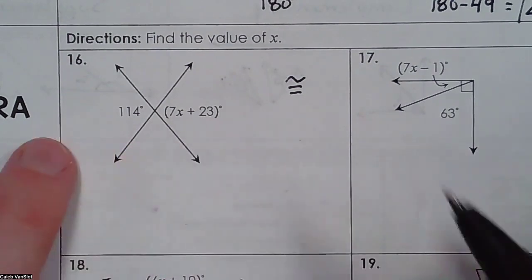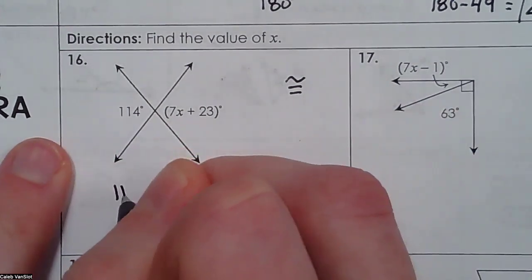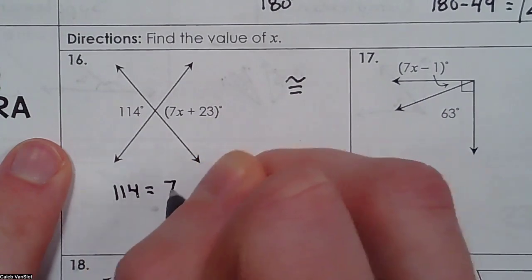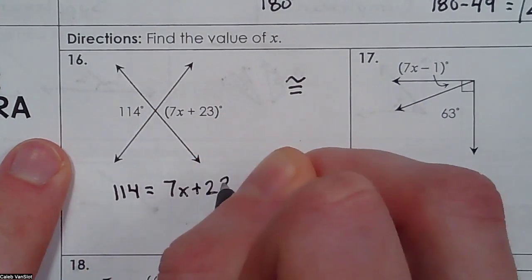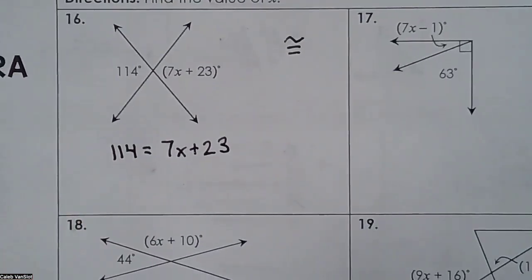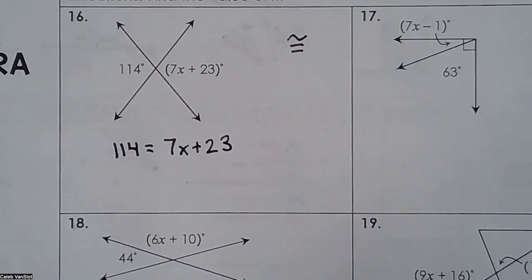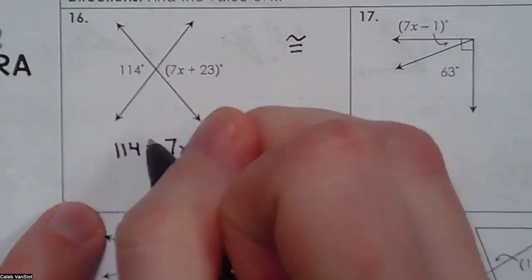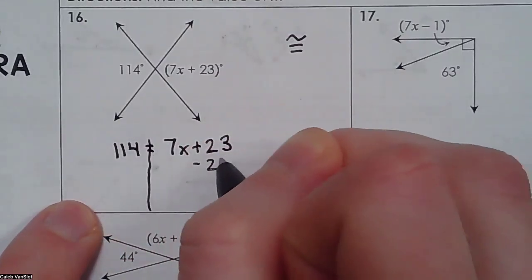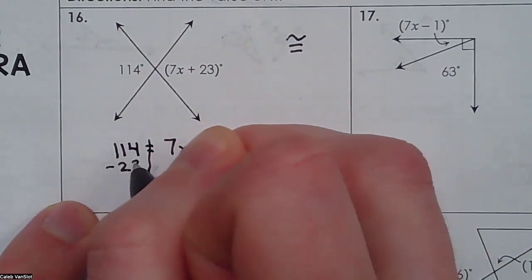Did you say 7x? Okay, so the two things should be set equal to one another. Okay. When I'm solving for x, what's my first step? Whatever I do to one side, I have to do to the other, right? So subtract 23.